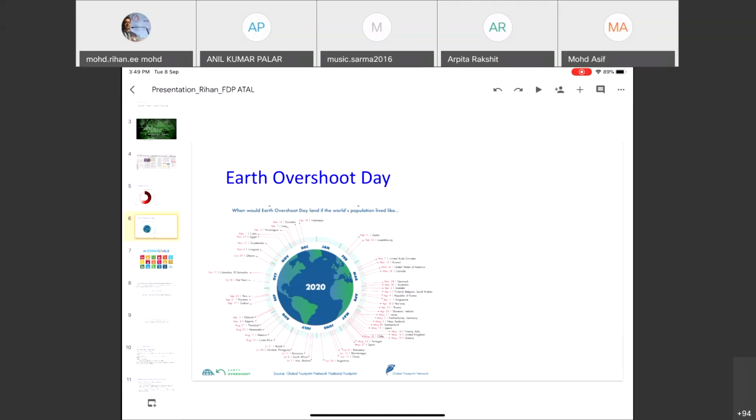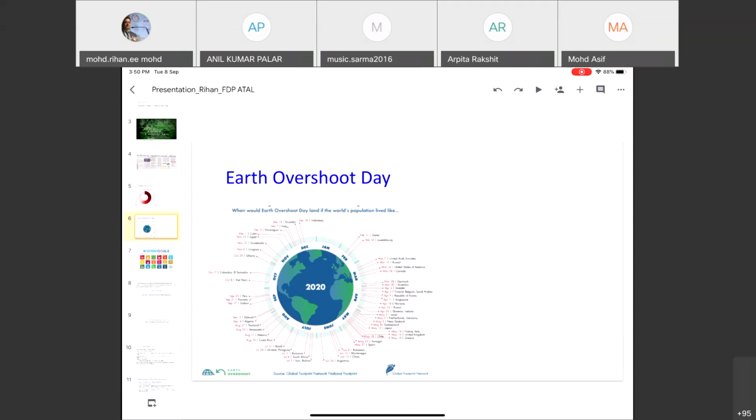Although this year, this day has come almost 22 days late as compared to the Earth overshoot day in 2019, the reason behind that is not something very encouraging. The reason is this Corona effect. Because of Corona, this has been delayed by 22 days. Otherwise, this day has been continuously going towards earlier days.